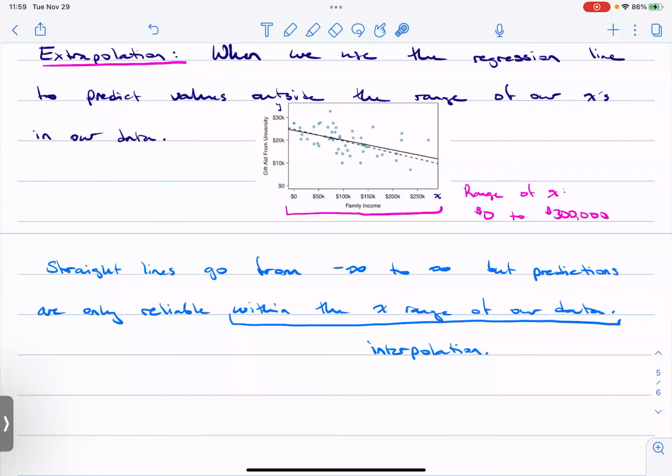You're not going to have a negative gift aid, although maybe in a roundabout way it is, because if your family's making $1 million, they're probably donating. But anyways, let's not read into it too much. That would be a negative gift aid in a roundabout way, but it doesn't work like that. So at some point you just hit 0 and then that's it.